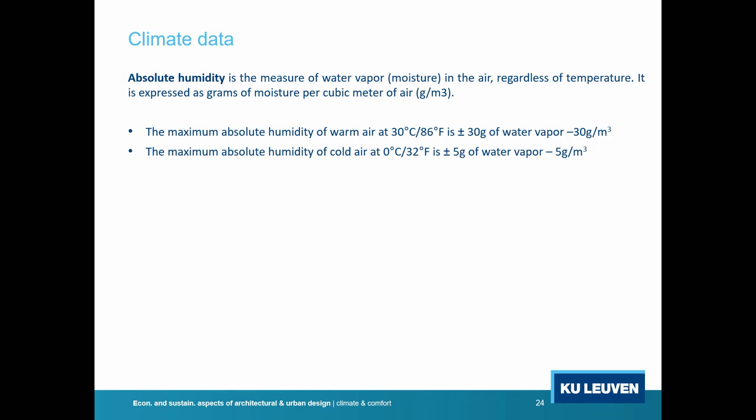So if you have a temperature of 30 degrees Celsius, for example, then we know that this air can hold 30 grams of vapor per cubic meter. While if we have air at 0 degrees, it can only hold 5 grams of vapor per cubic meter.